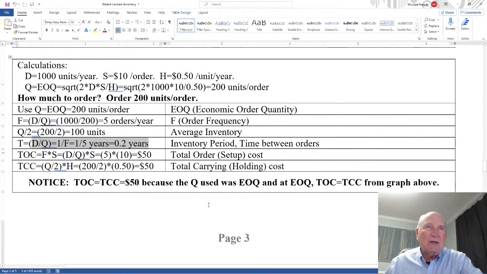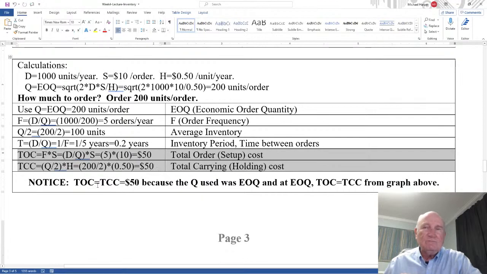So now I can take my total ordering cost, which is my frequency times my setup cost. 5 times 10 is $50. That's my total order or setup cost. My total carrying cost is Q over 2 times my holding cost. My average inventory is 200 over 2 times 50 cents is $50. Total carrying cost. Now notice that the total ordering cost is $50 and the total carrying cost is $50.